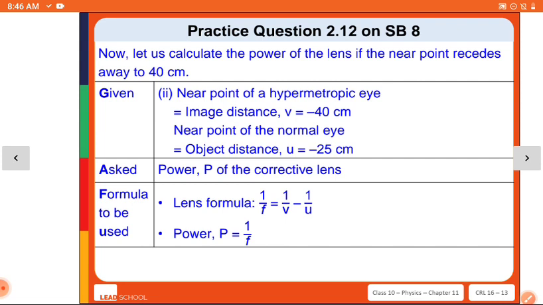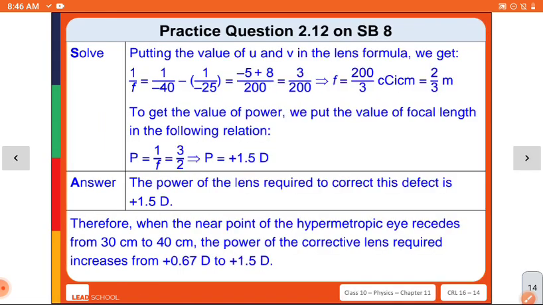Now let's calculate the power of the lens with the near point receding to 40 centimeter. The object's initial position is the same, but the distance of image is changed to minus 40 centimeter. So we use a similar formula. First of all, calculate the focal length. The focal length is 2 by 3 meter.